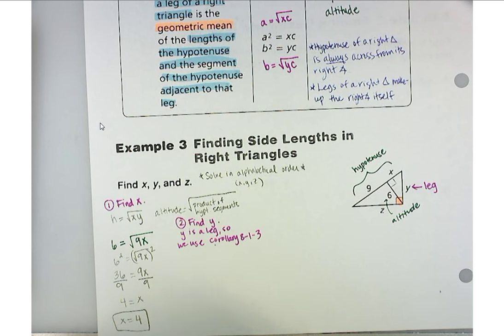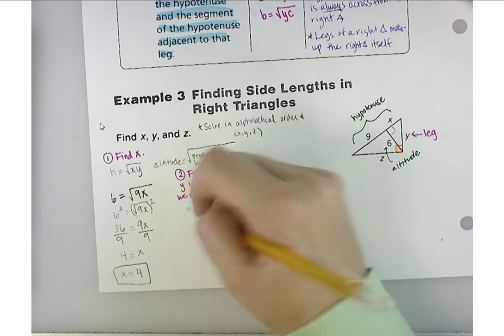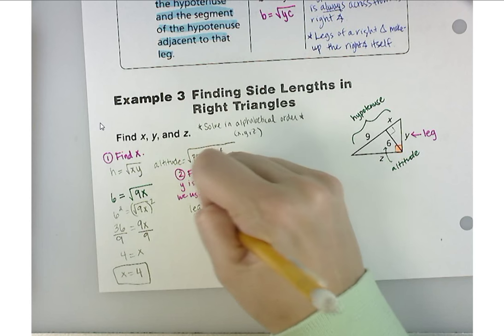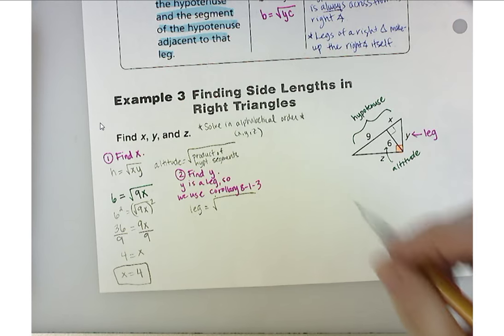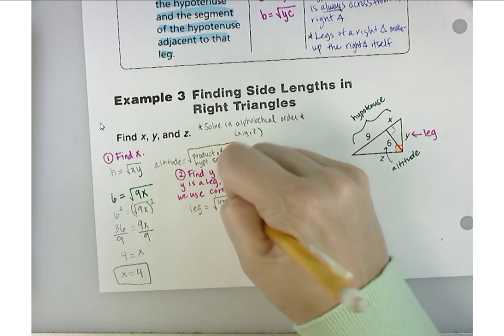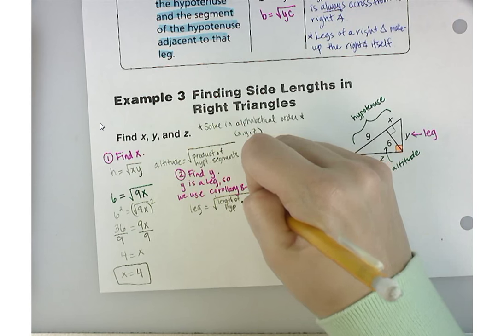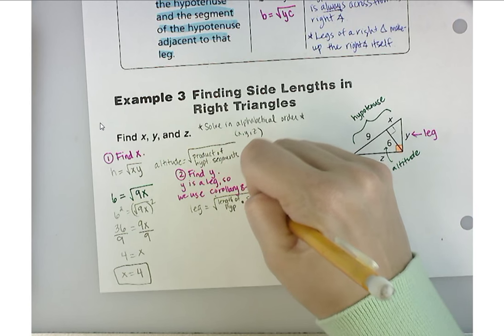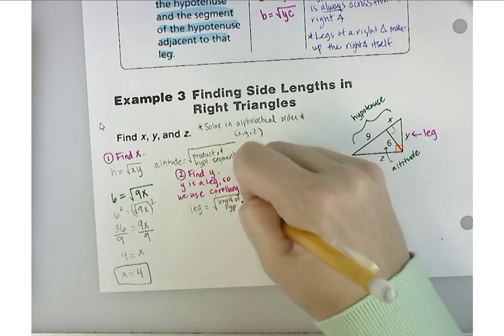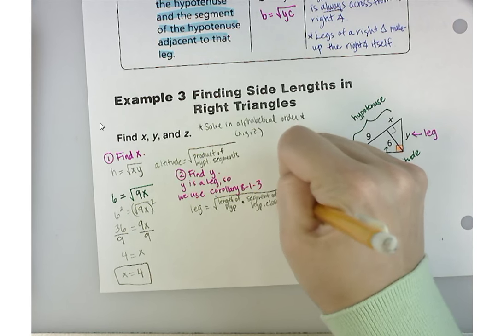And I'll write this out in words again, in case you are having trouble. So the leg is going to equal the square root of the length of the hypotenuse times the segment of hypotenuse closest to the leg.